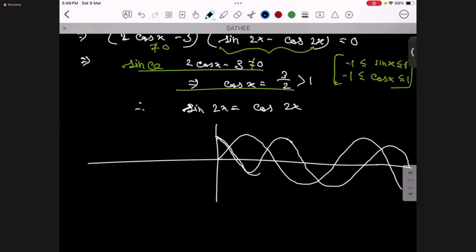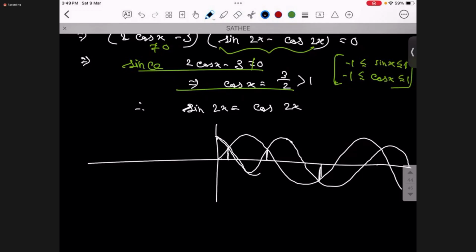You can see these two functions intersect at the point pi by 4, at the point 3 pi by 4, at the point 5 pi by 4, like this. Maybe I haven't drawn the graph properly, but yes, they will cut at some multiple of pi by 4. Okay, one concept is this.